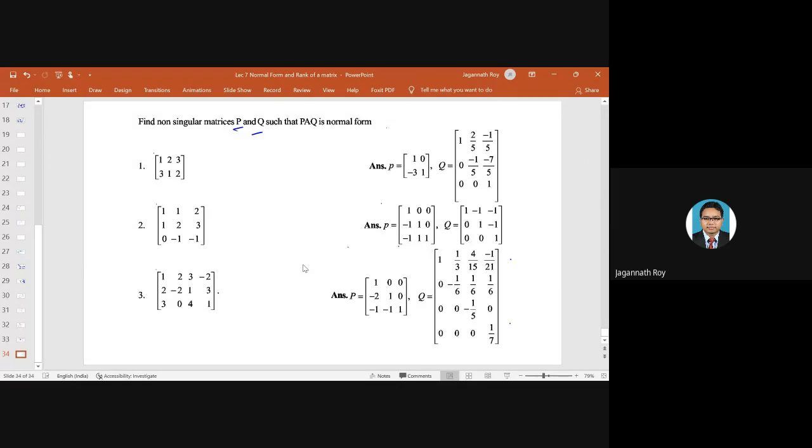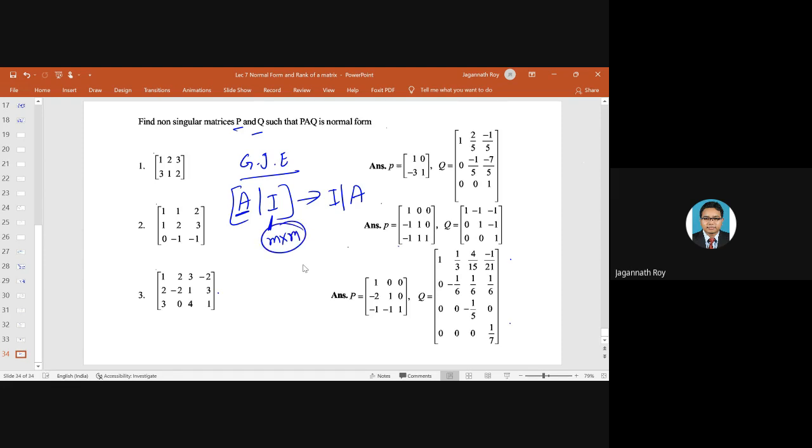The difference is, in Gauss-Jordan elimination, the identity matrix and this matrix have the same order, m by m.